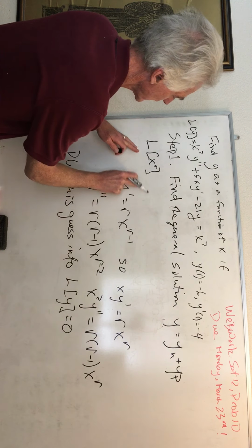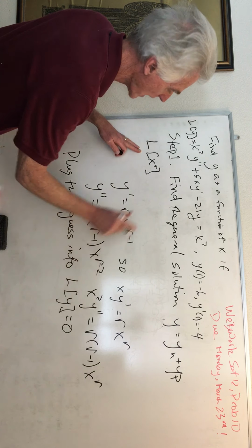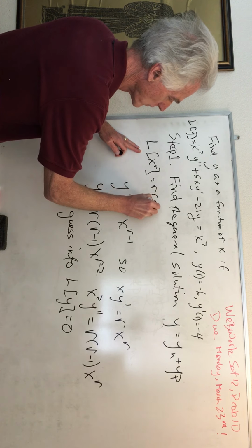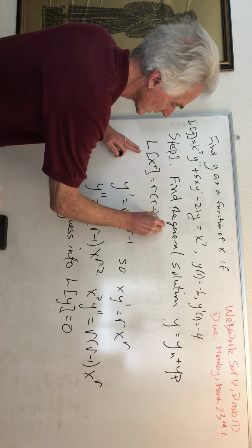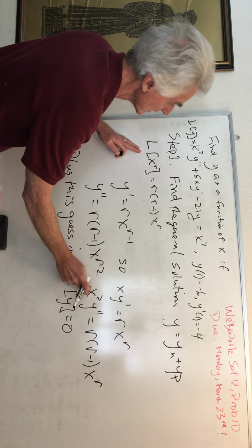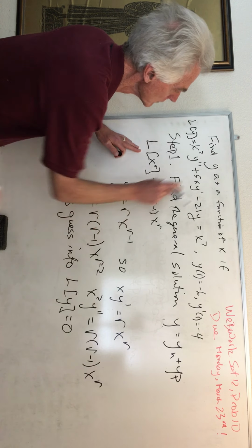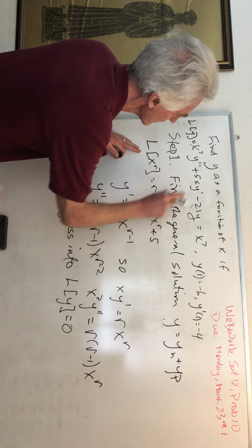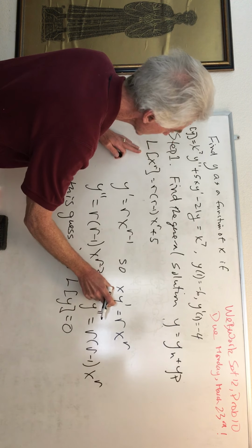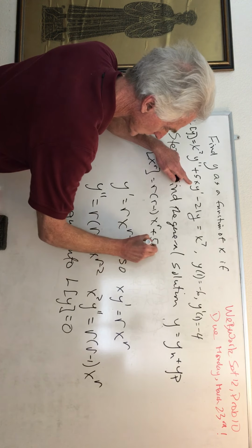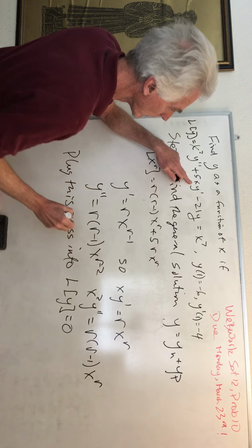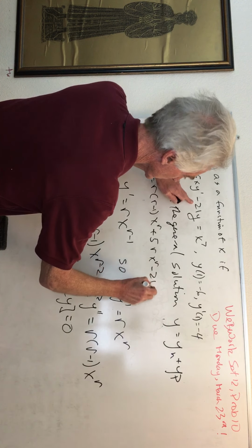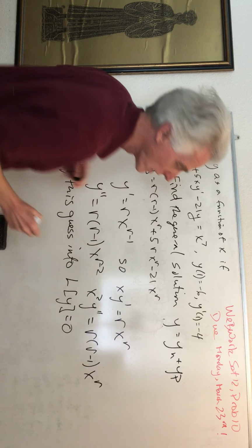So L acting on x to the r is r times r minus 1 times x to the r. That comes from x squared y double prime. And then I add 5 times x y prime. x y prime is r x to the r. And then I take minus 21 times x to the r.